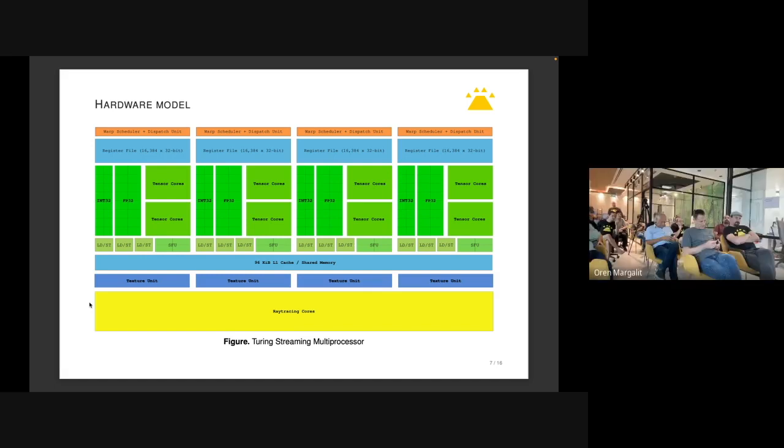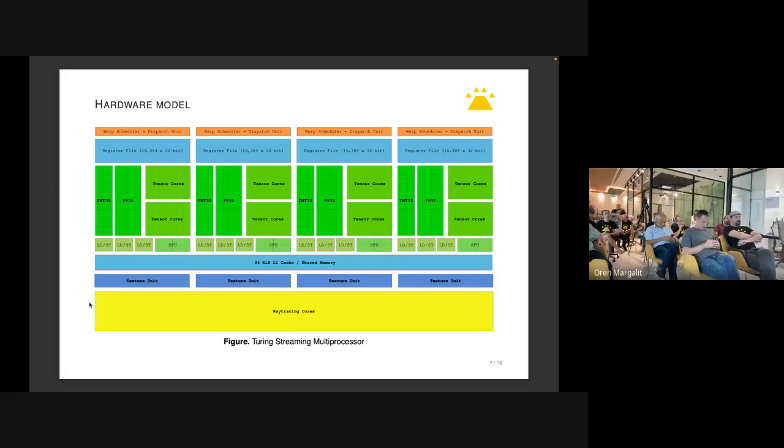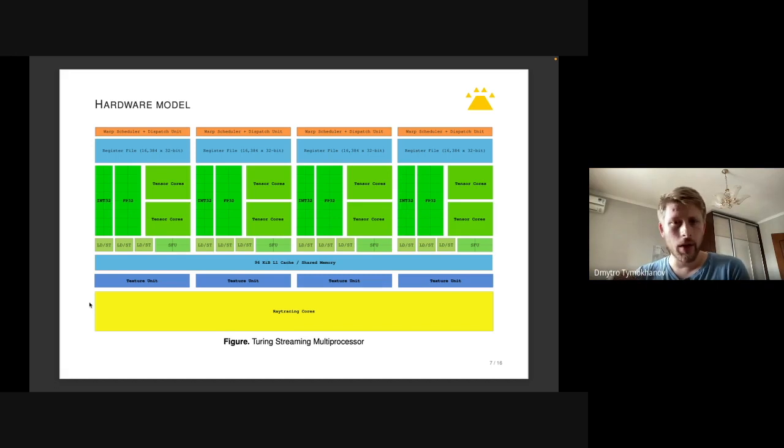which are basically the physical devices on which threads run. And threads don't run by themselves, but in so-called warps. A warp is 32 threads, the minimal unit that gets scheduled.